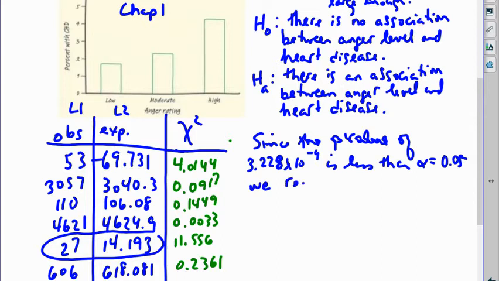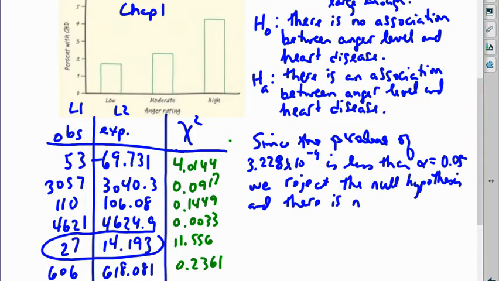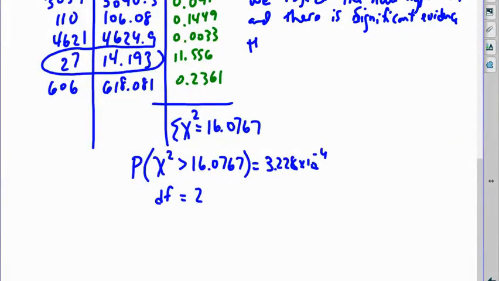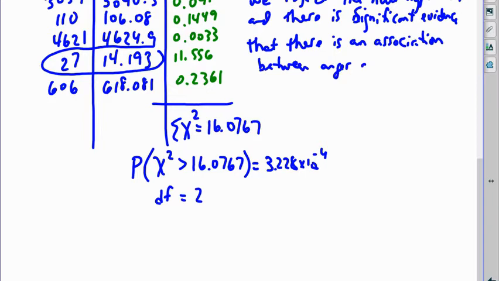We reject the null hypothesis and there is significant evidence that there is an association between anger and heart disease. So we should keep ourselves calm.